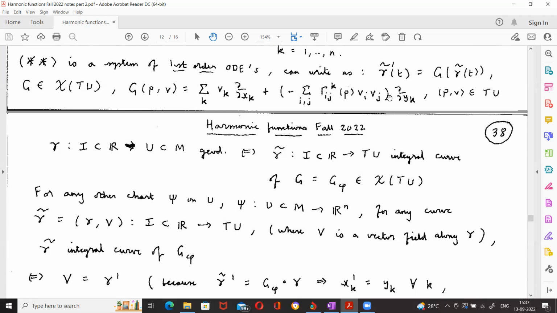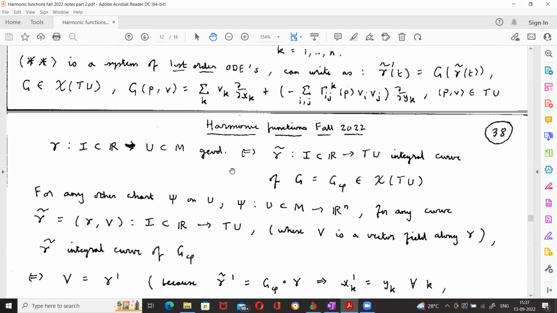So let me call this vector field G sub phi, where phi was my chart x1 to xn on the manifold M. So G is a vector field on the tangent bundle over the open set U.